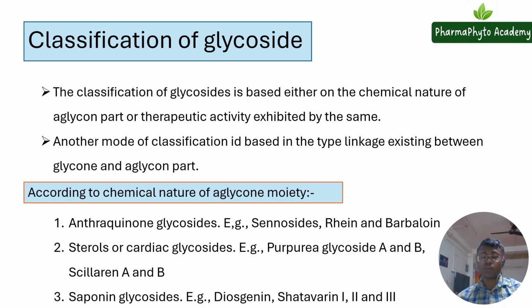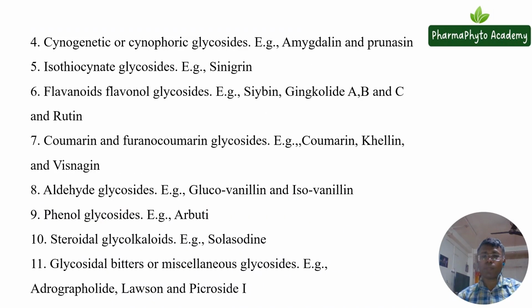It can be classified into the following types. Anthraquinone glycosides, for example aloins, rhein, barbaloin. Steroidal or cardiac glycosides, such as purpurea glycoside A and B. Then saponin glycosides, such as diosgenin.